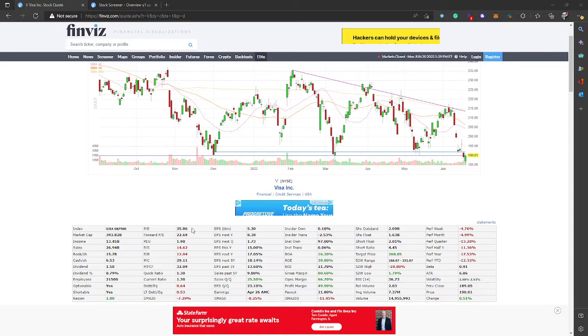Or we could do 33 instead of 36 essentially. So we could do 33 over that 18% here, and we get a 1.83 or 1.85 PEG ratio. Just because one factor moved, the end result does.